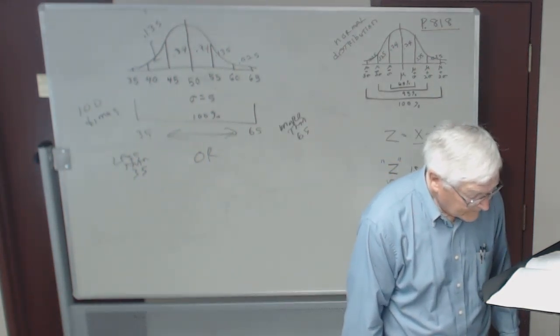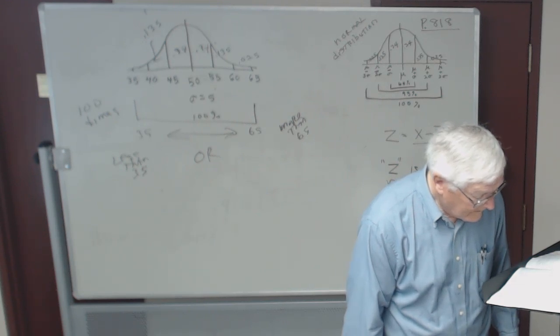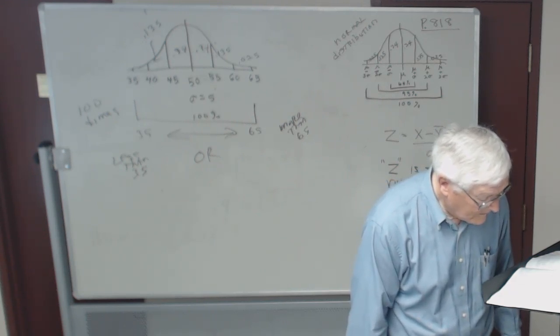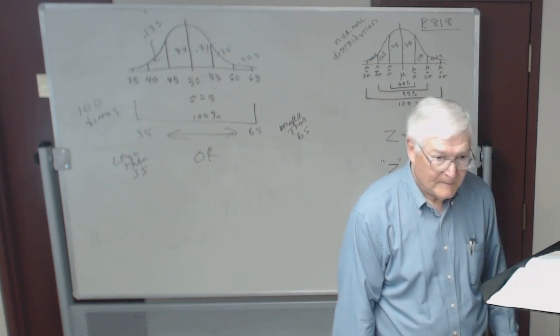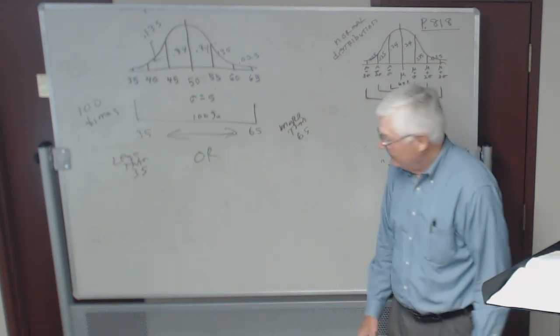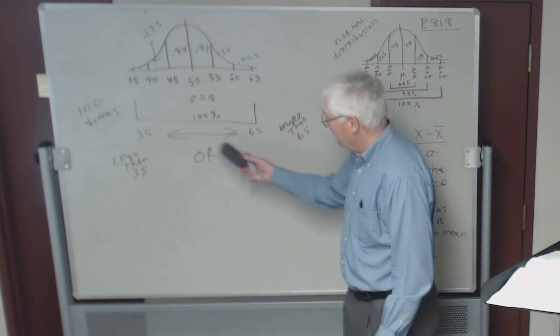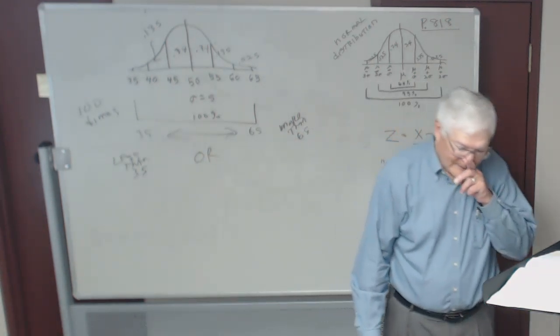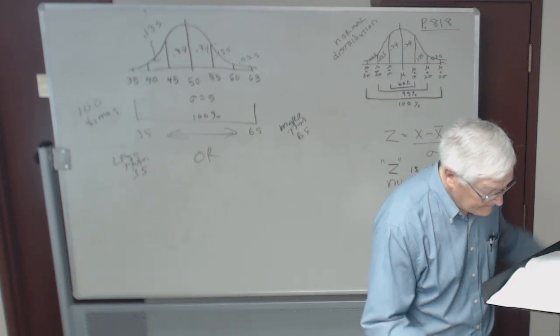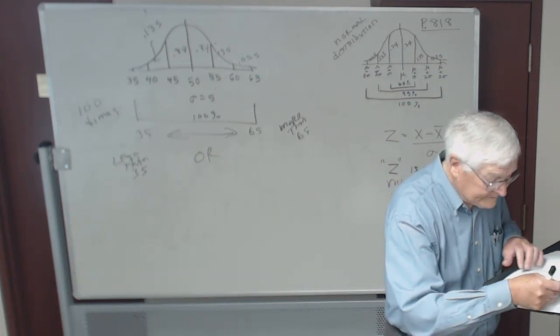That's good to know. Because 100% of the time, if it was a fair coin, I would get between 35 and 65 heads. All right.